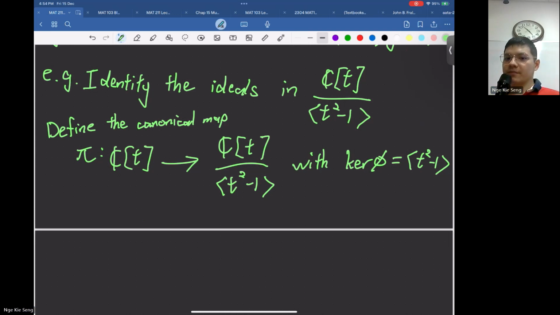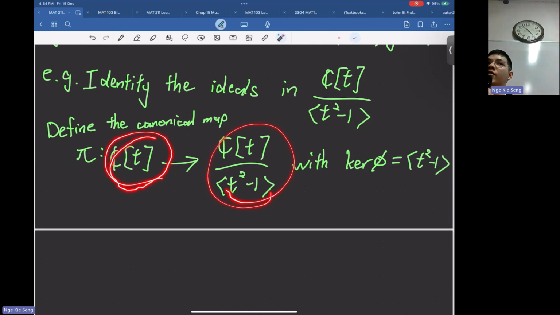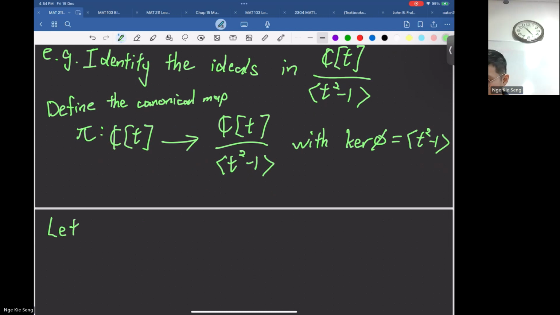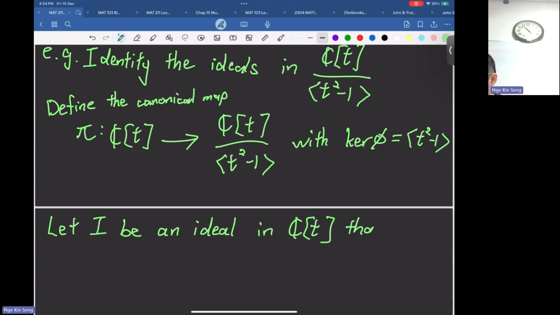So all the ideals on the right-hand side correspond to all the ideals here that contain the kernel. Okay, so let me write down. Let I be an ideal in C[t] that contains the kernel of phi.